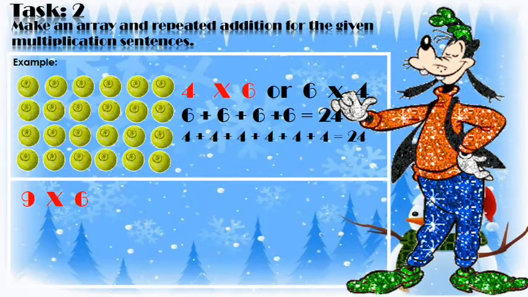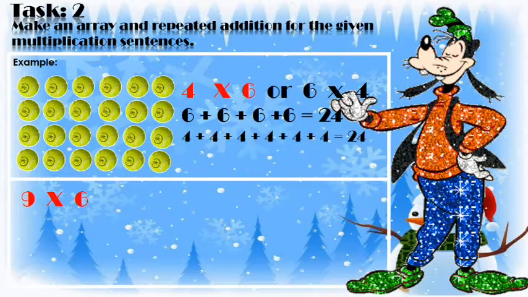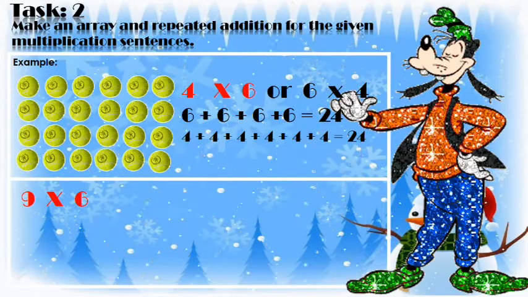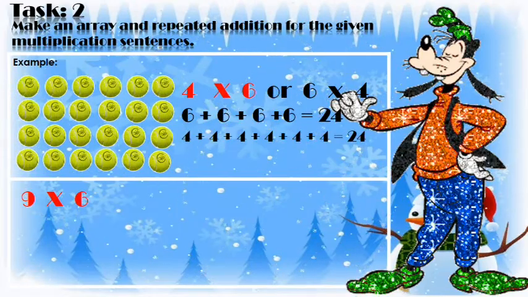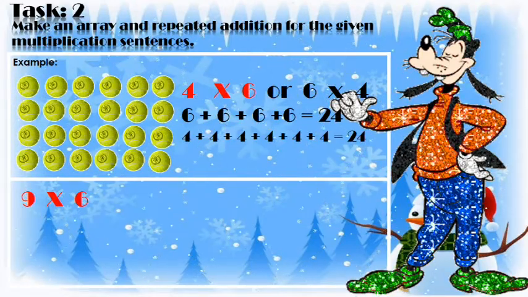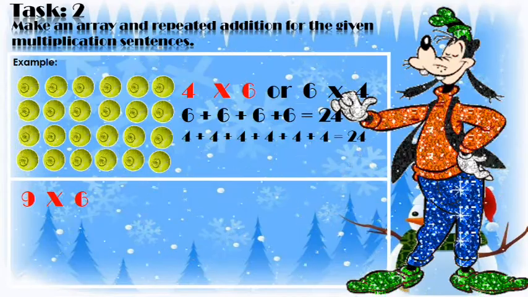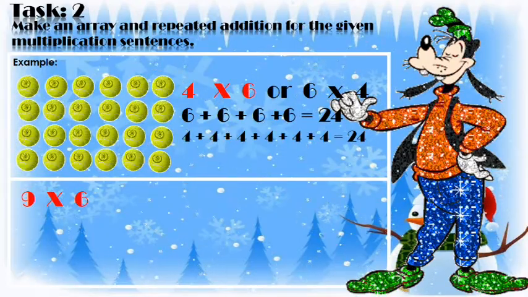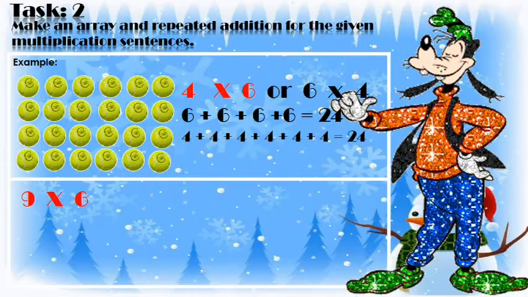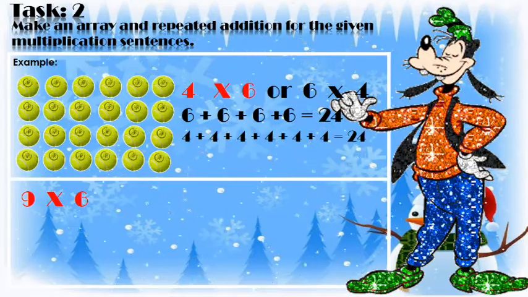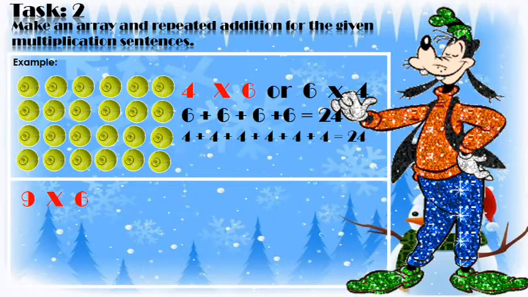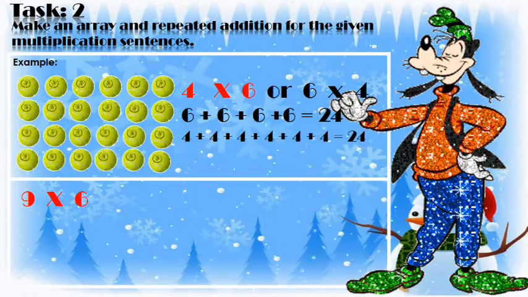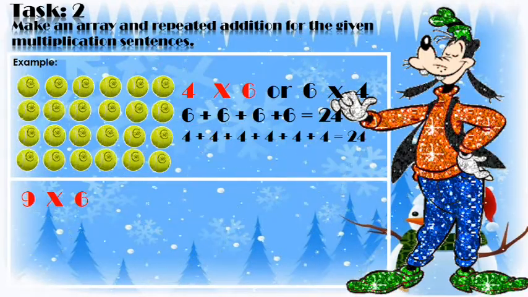That means 6 plus 6 plus 6 plus 6 is equal to 24, or 4 plus 4 plus 4 plus 4 plus 4 plus 4 also is equal to 24. And if you want, you can write the other way of writing the multiplication sentence, which here is 6 times 4.